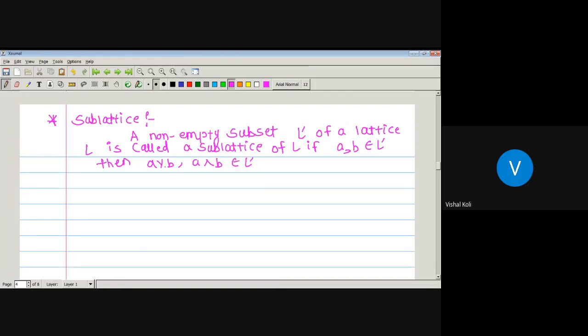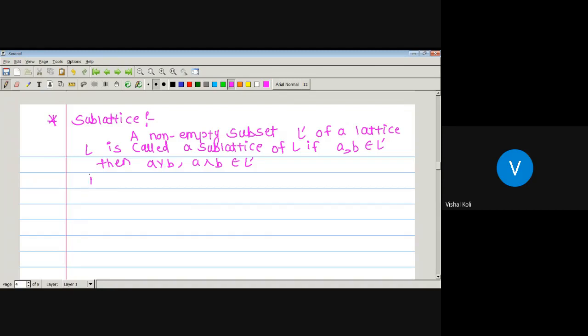Since A join B is nothing but the least upper bound and A meet B is nothing but the greatest lower bound, any non-empty subset L dash of a lattice L is said to be a sublattice of L if it is itself a lattice. That is, it is closed under greatest lower bound and least upper bound.